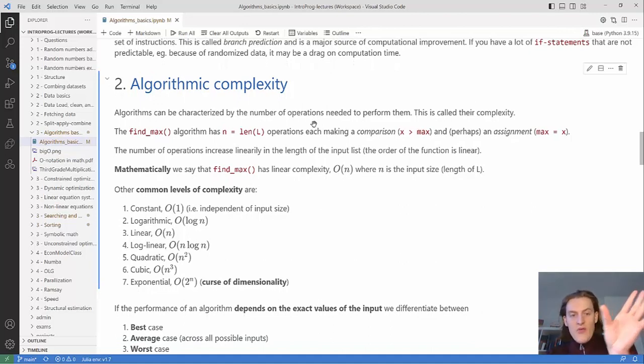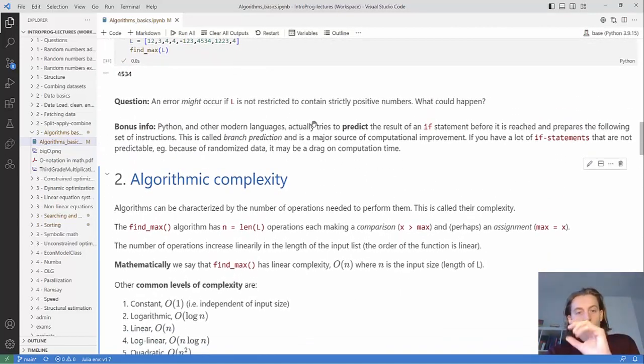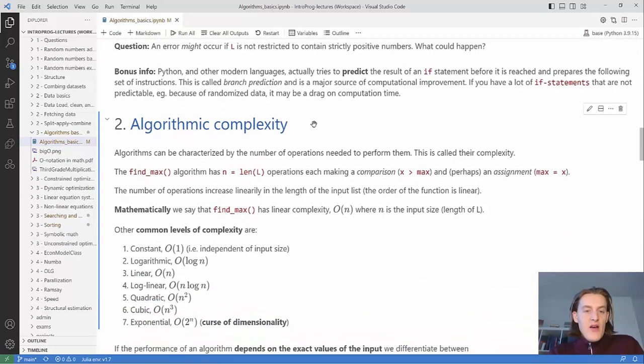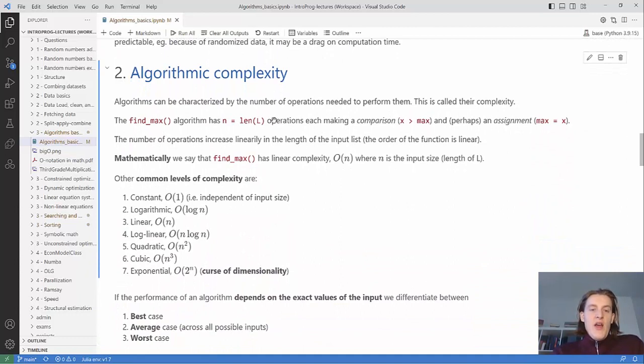So that's how the algorithm recipe works in a very simple format. You will see more complicated algorithms later, but I hope this sets you up to understand them more easily. Now we're going to talk about algorithmic complexity and big O notations.